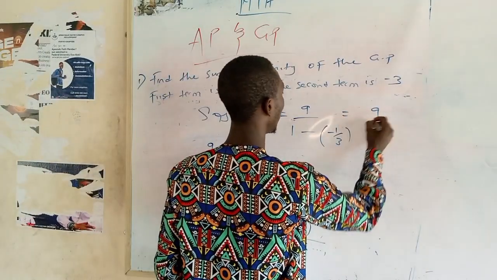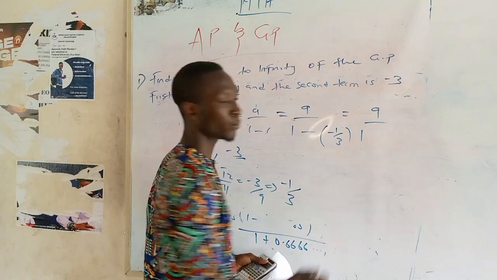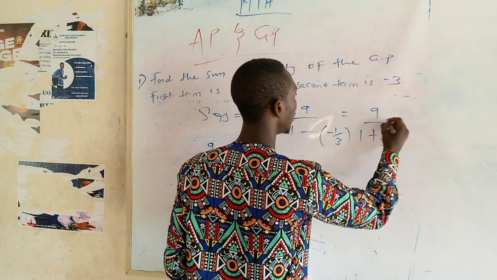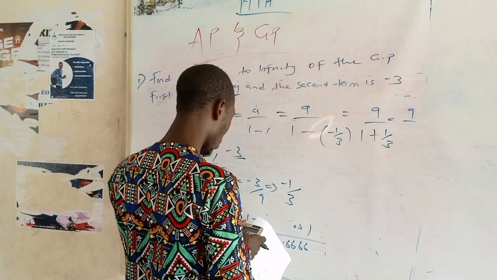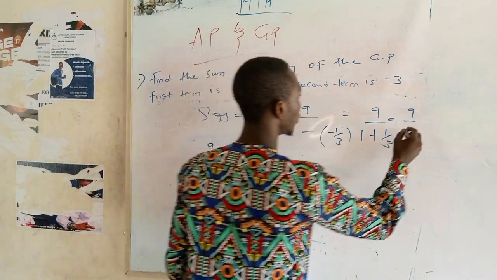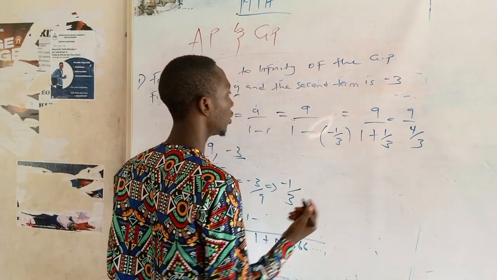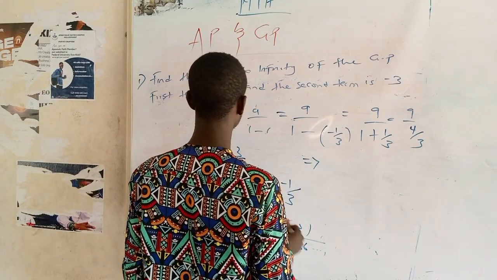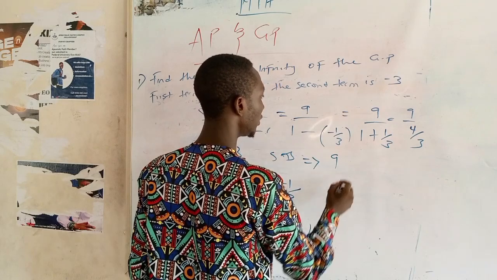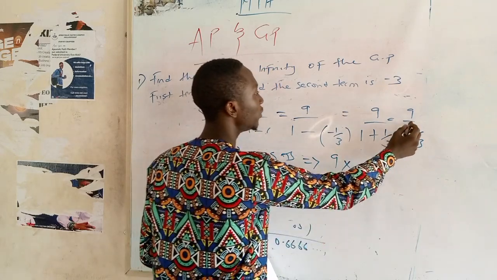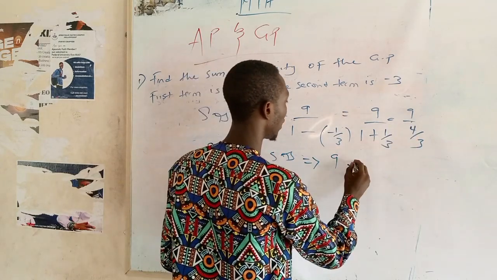So it equals 9 over 1 minus minus 1 over 3. Now minus times minus is plus: 1 plus 1 over 3. Now solve this fraction; press it on your calculator. 1 plus 1 over 3 gives us 4 over 3. So therefore, let's solve this and get our sum to infinity. It becomes 9 divided by 4 over 3. Let me just solve this properly so you get it.